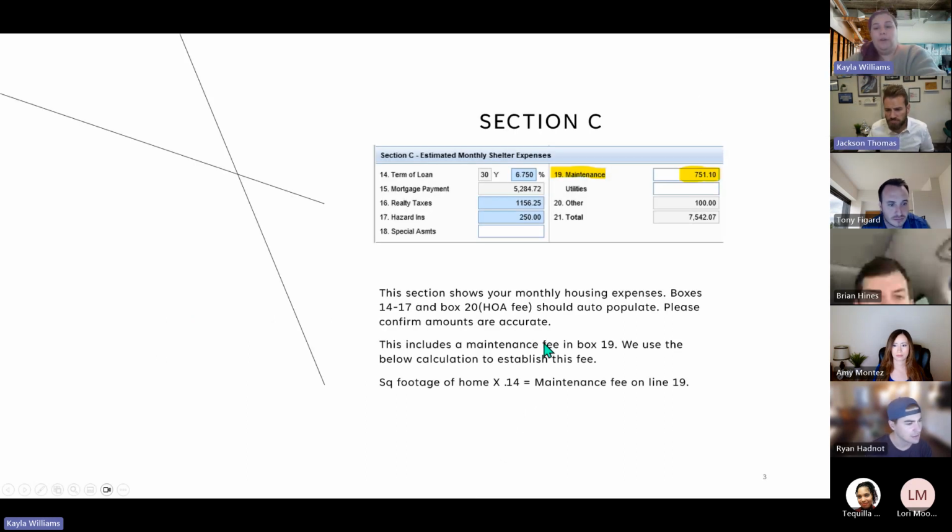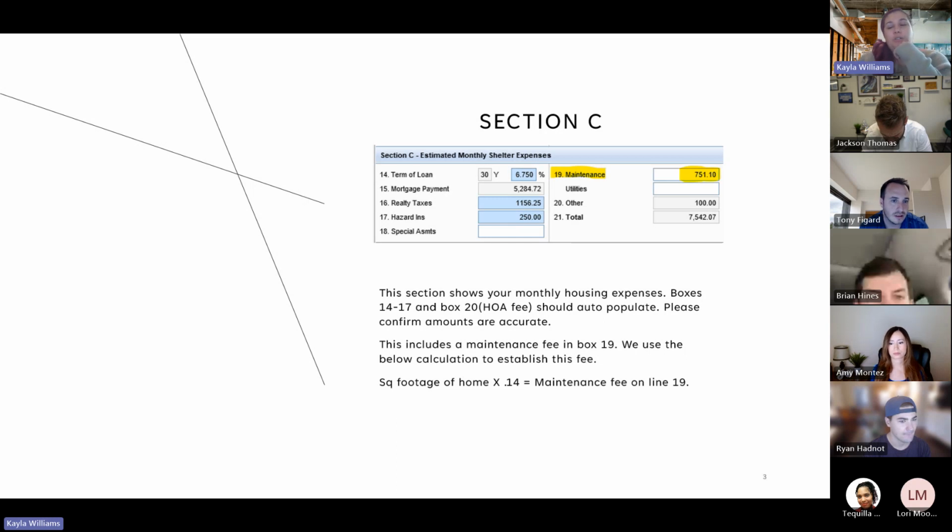Good question though, Ryan. The main part on this section is this maintenance fee. The maintenance fee is this calculation: square footage of home times 0.14, and then you input it right there. I know at pre-approval stage, we don't usually know what the square footage of the home is.